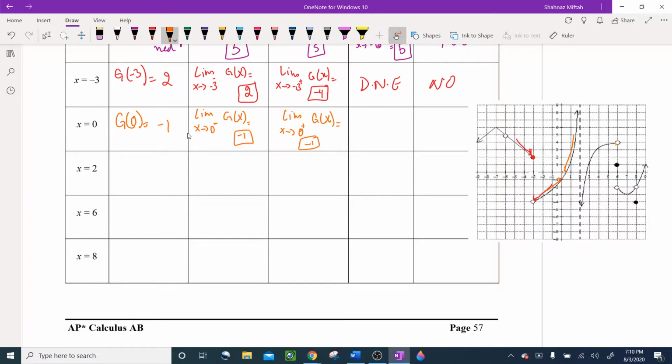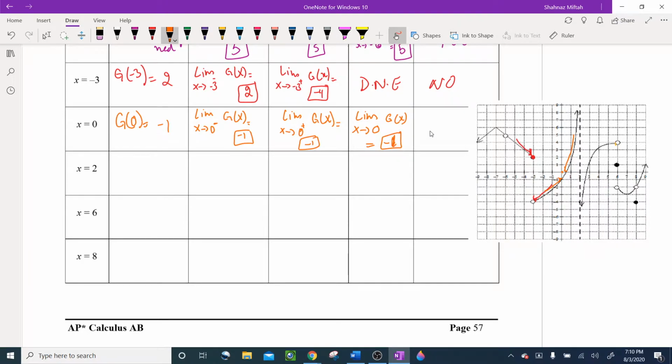Okay, this one perfect. Look, limit exists, and also my point is defined. And my third condition, according to my third condition, this defined point is supposed to be equal to the limit. So in this case, I'm going to say limit x approaches 0 of g of x is equal -1.